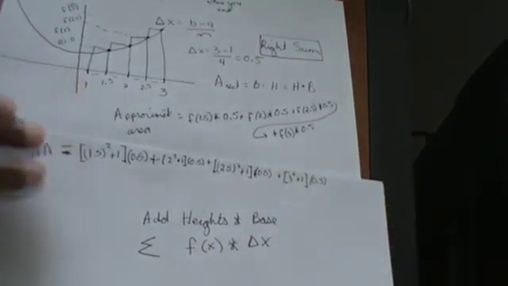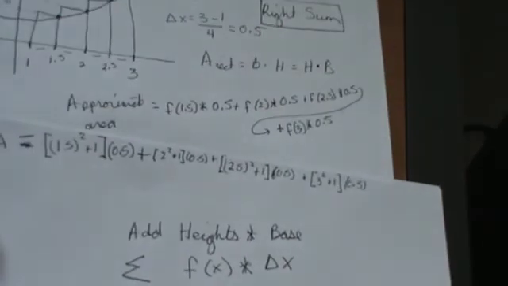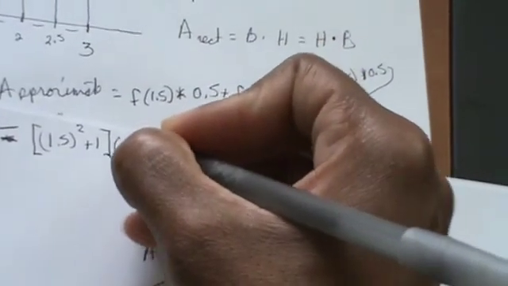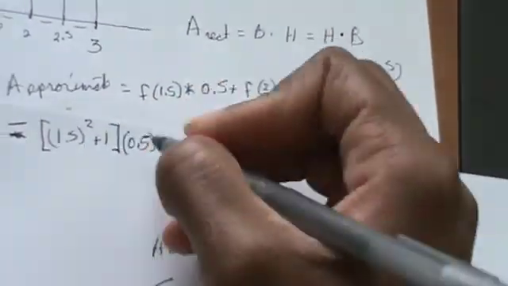All right, let me zoom in so that you can see what I've done. Okay, evaluate your function at your specific x value, and then you're multiplying it by the base of 0.5. Right, height times the base.